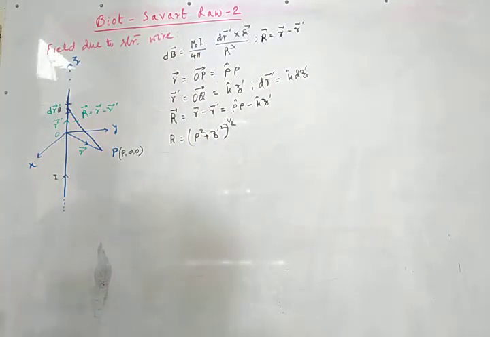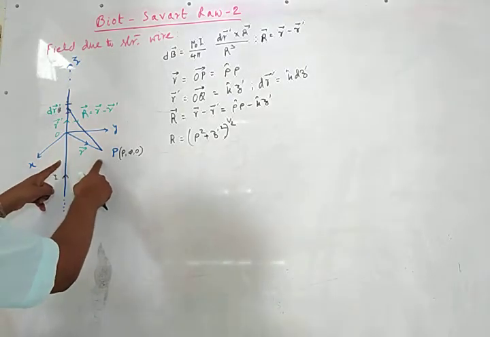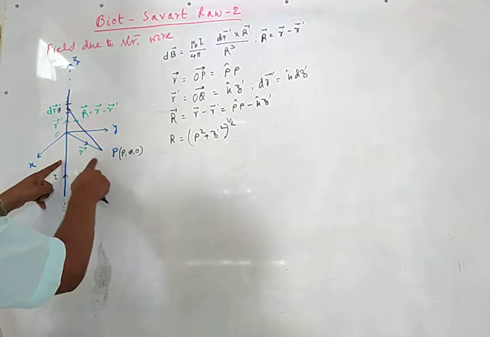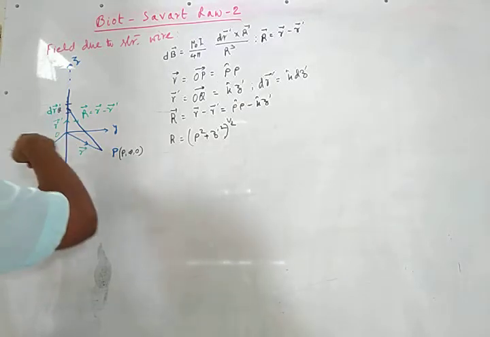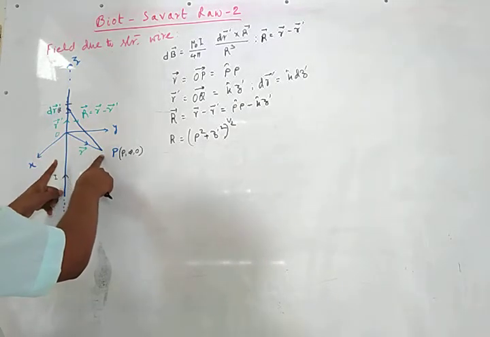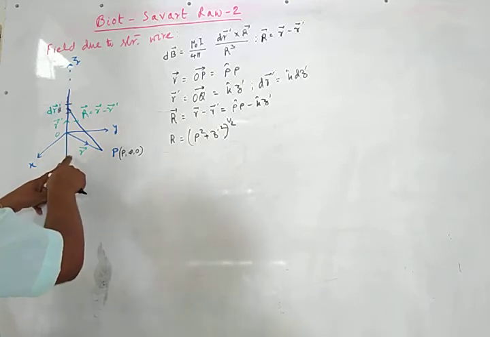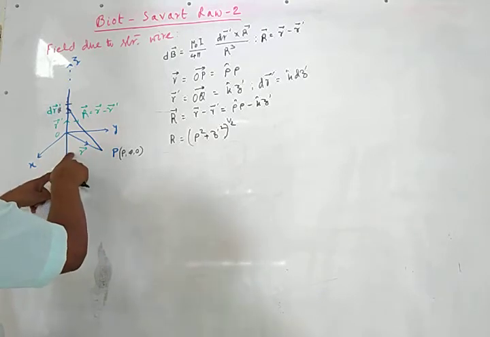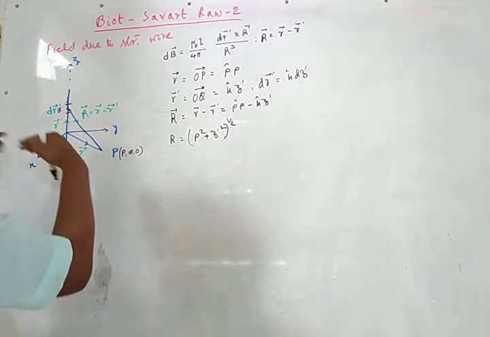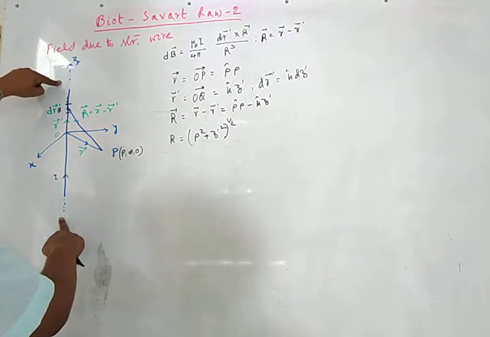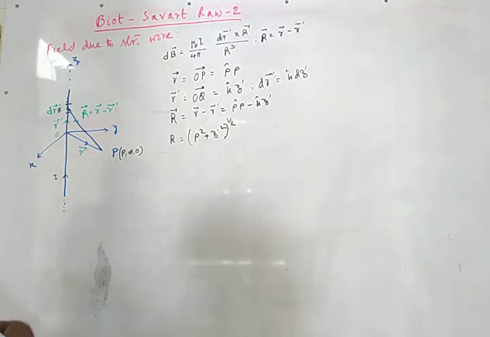We use the cylindrical coordinate system because if we consider a point at a distance rho from the wire, and then a circle of radius rho whose center is on the wire and whose plane is perpendicular to the wire, then at each and every point on the circumference of the circle the field will have the same magnitude.